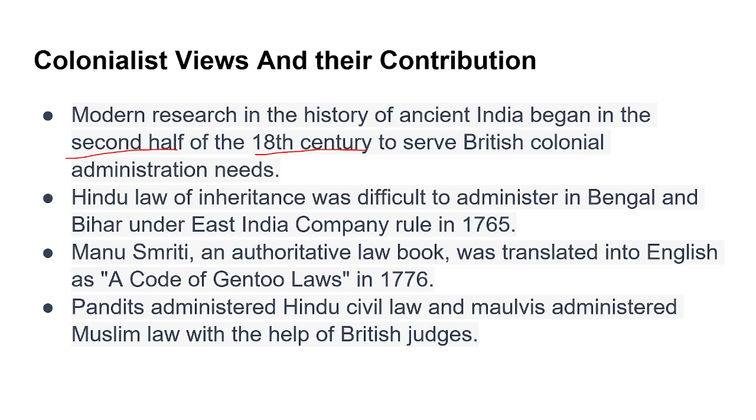Now getting back to this. In the second half of the 18th century, history का research started. And why did it start?